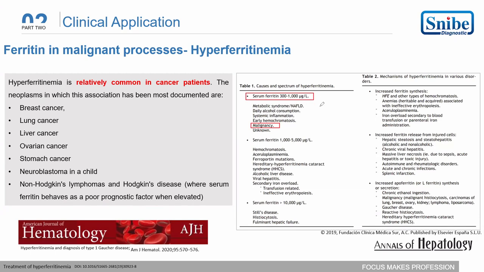According to the Annals of Hepatology, serum ferritin levels between 300 and 1000 micrograms per ml, and malignancy may also be a mechanism for hyperferritinemia in various disorders.